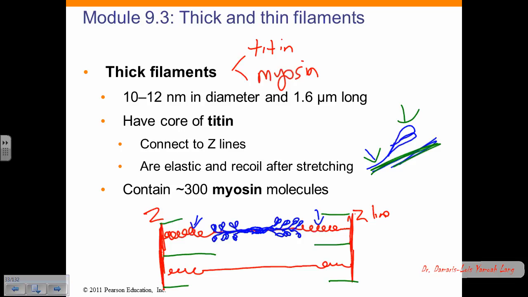It's the titin of the thick filament. The thick filament is made up of titin and myosin. So this is the core, the titin, where the ends stretch and form the elastic thing. And then the myosin molecules wrap around it, where the heads are sticking out. I can't do the whole thing again. Does that make sense? So that's how it looks.